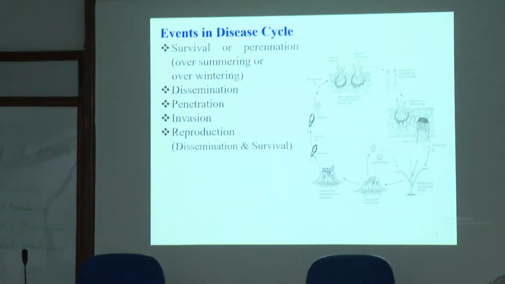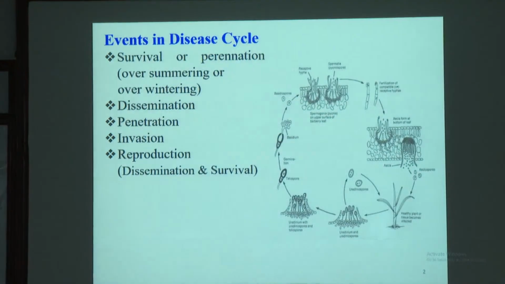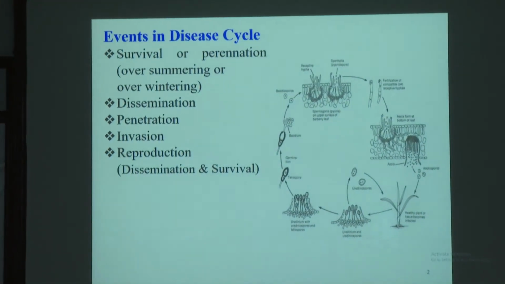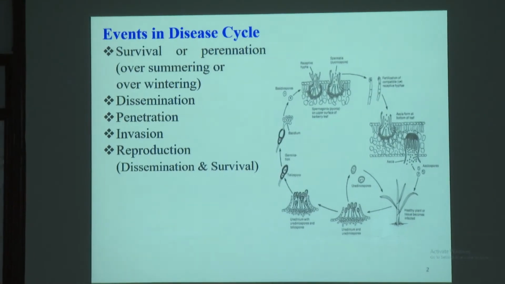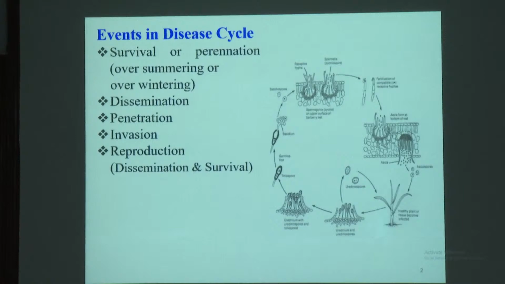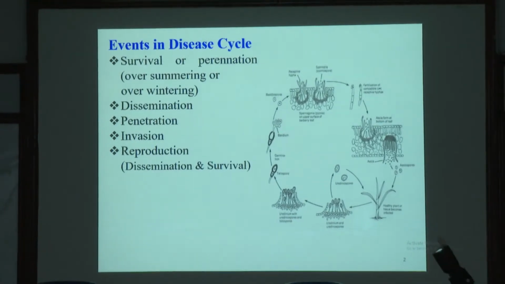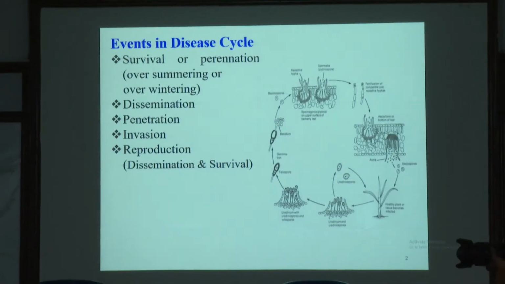So before I actually go into the topic, I'd like to give you a brief introduction about the basics. So the pathogens, normally in the absence of the host, will be surviving on the debris or in the soil, and then by various dispersal mechanisms, the pathogen propagules will reach the host. In the host, the pathogen has two types of interactions.